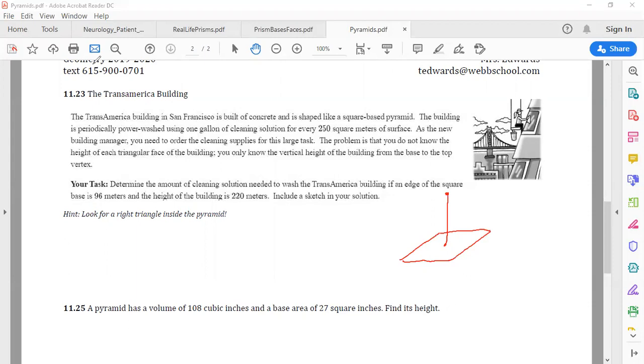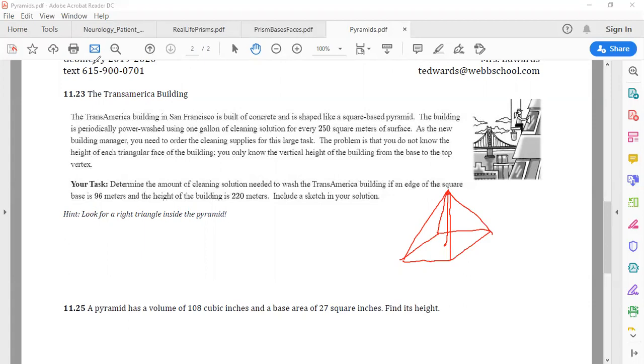And this is the apex, that's the top, the tippy top of our pyramid. And then you can draw lines down to each one of the vertices. This is a vertex, plural is vertices. Okay, and now we have a pyramid.